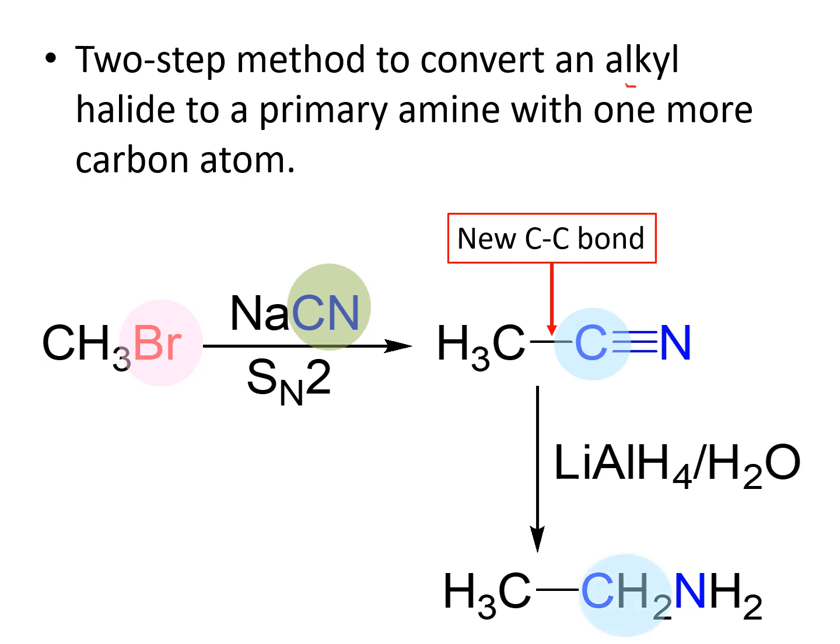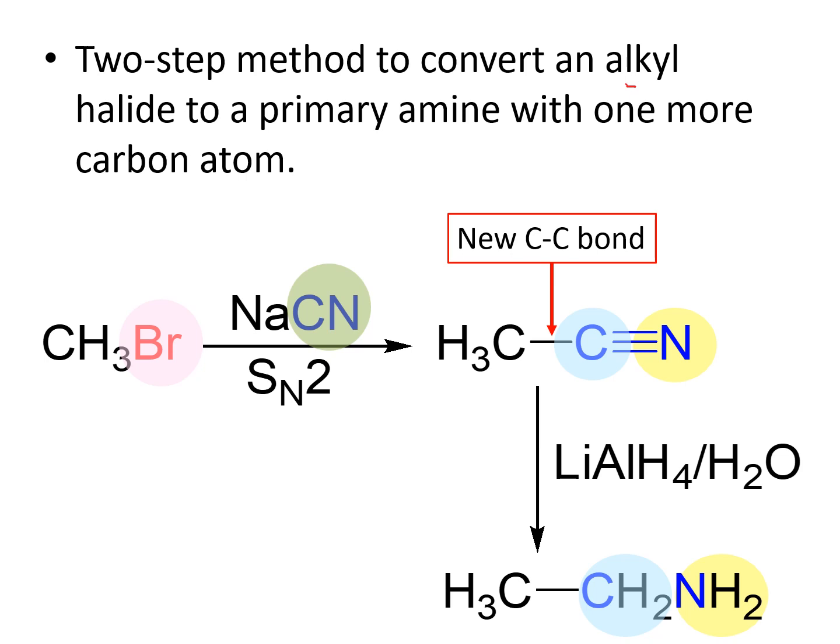You will replace the bromine with CN, the cyano group. So you will basically get the nitrile, and this nitrile treated with lithium aluminum hydride with water will give you an amine. Please look at the color coding. CN replaces the Br, the C still keeps the carbon number, and C converts to CH2, and nitrogen converts to NH2.